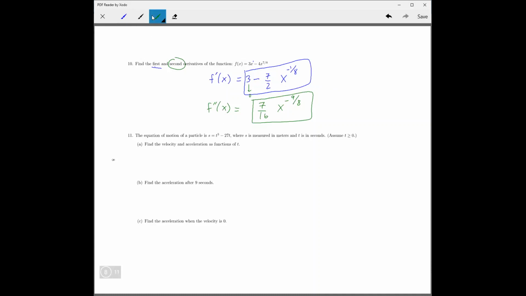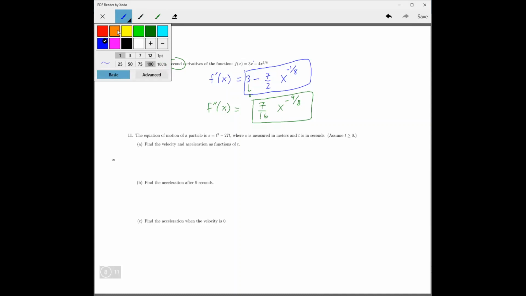Okay, number 11. The equation of motion of a particle is s equals t cubed minus 27t, where s is measured in meters and t is in seconds. Find the velocity and acceleration as functions of t.